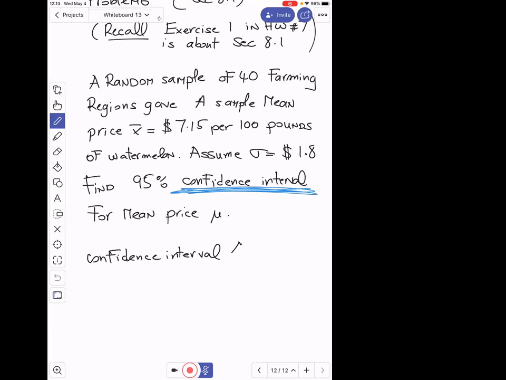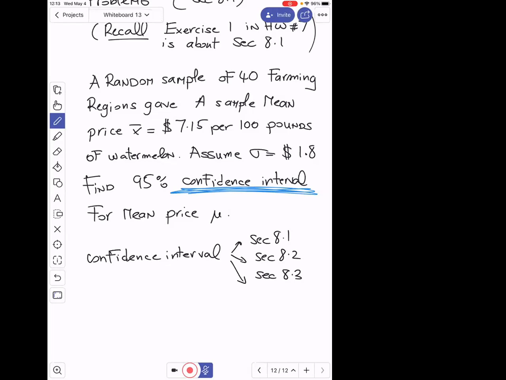Then that will be either section 8.1 or section 8.2, and it's also in section 8.3.